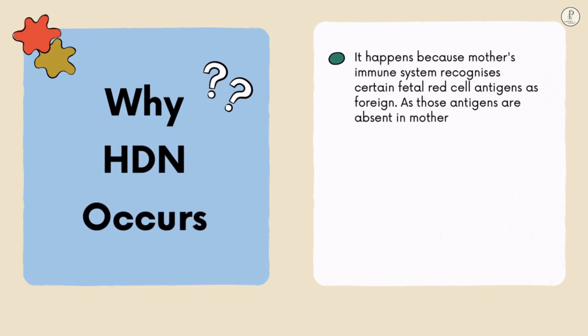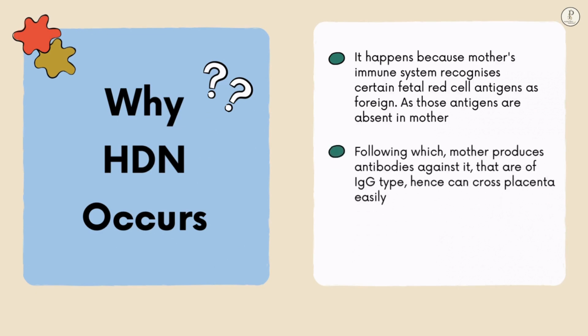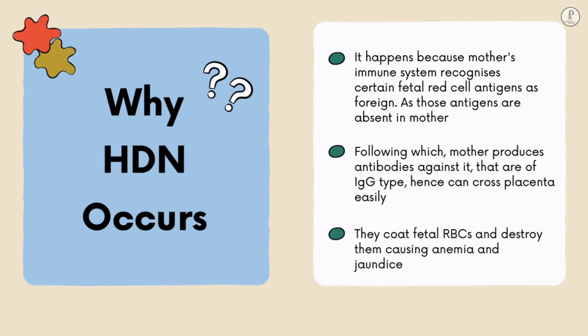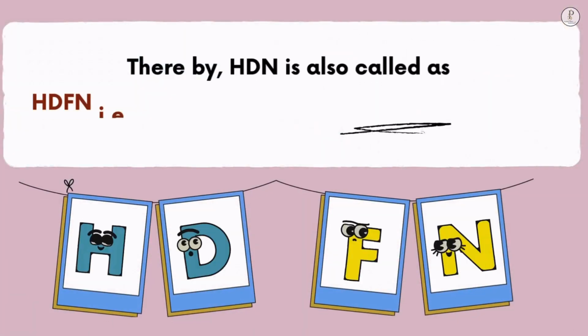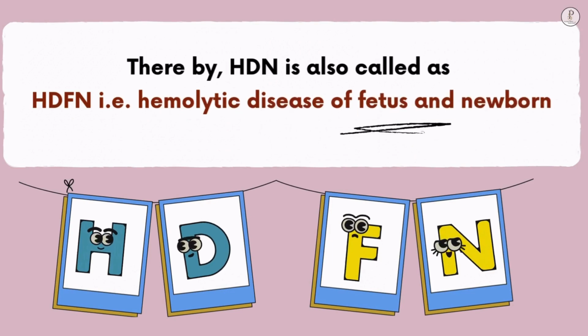It happens because the mother's immune system recognizes certain fetal red cell antigens as foreign, as those antigens are absent in the mother, following which the mother produces antibodies against them. These are of IgG type, hence they can cross the placenta easily. They coat fetal RBC and destroy them, causing anemia and jaundice. Thereby, HDN is also called HDFN, or hemolytic disease of the fetus and newborn.